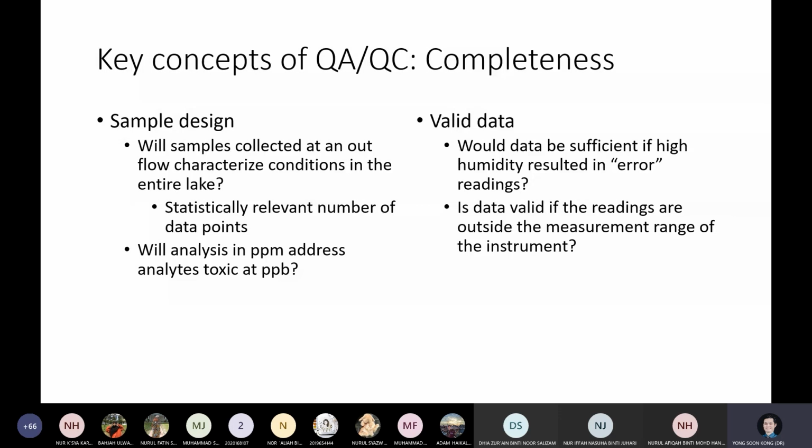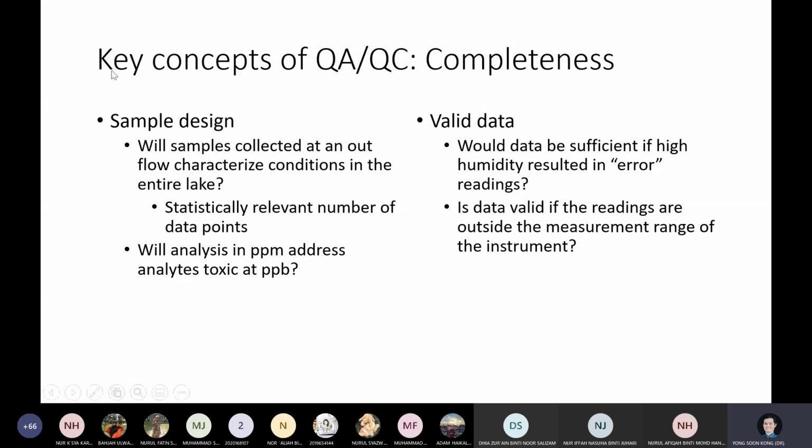These are the things you have to take into account, because although you want to have as many replicates as possible, sometimes the budget does not allow it. So you have to think, what is the minimum requirement of your objective versus the design that you are allowed to do.